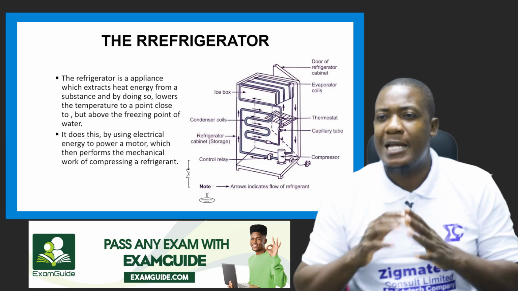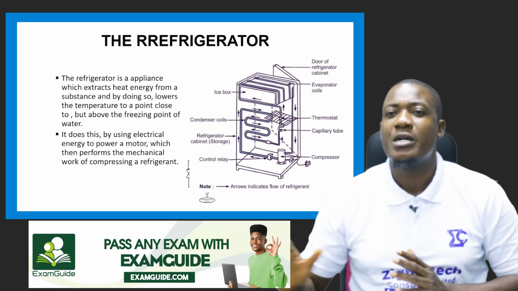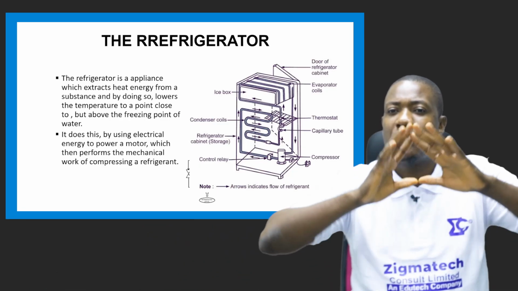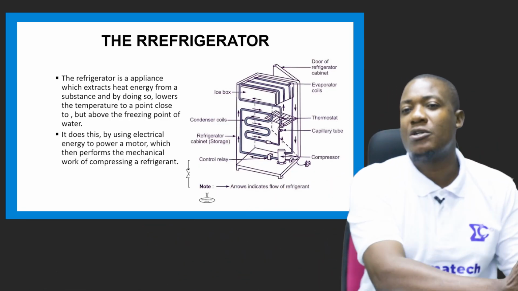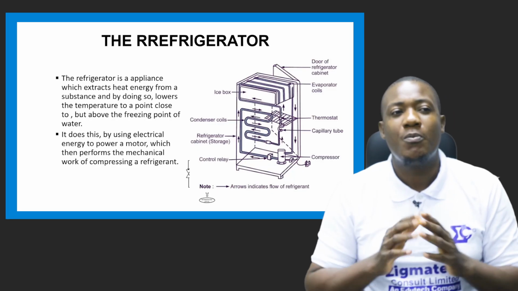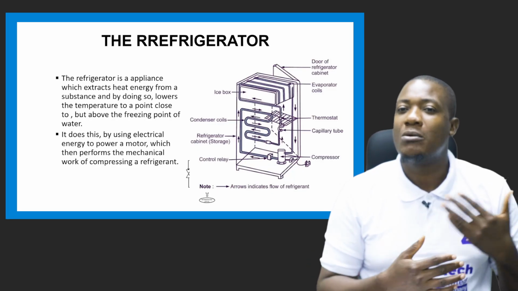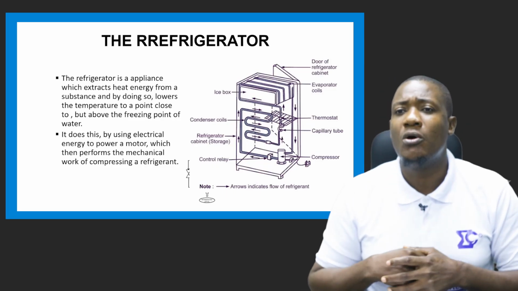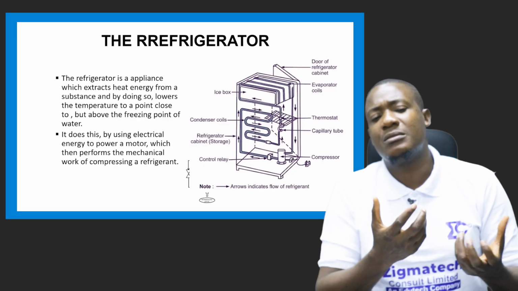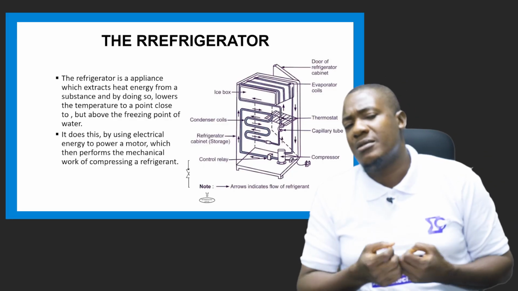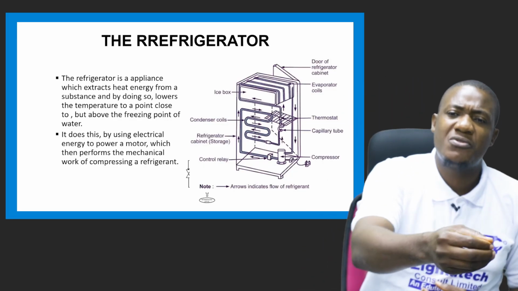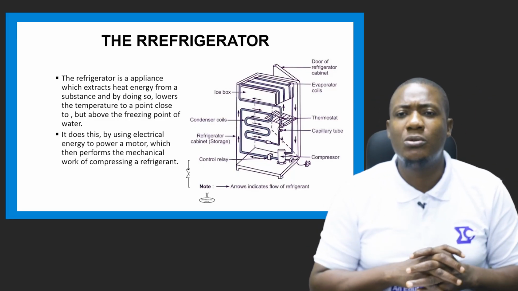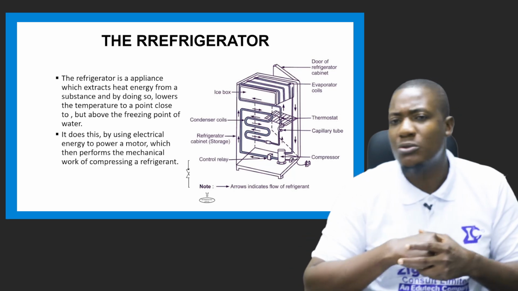So the refrigerator, like we know, is made up of different parts that all work together to give the cooling we have for either our wine or anything that we put in the refrigerator. The refrigerator operates by absorbing heat from substances that you keep in it. By so doing, it can keep the fridge cold, it can keep whatever you put in, like water, cold.